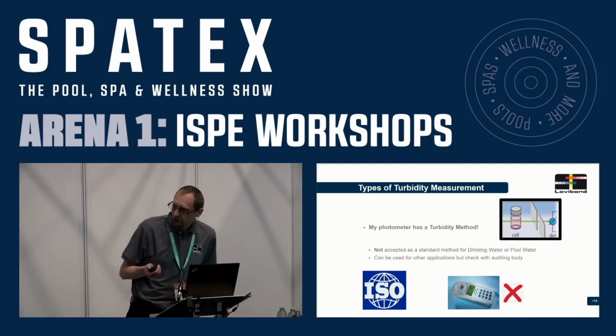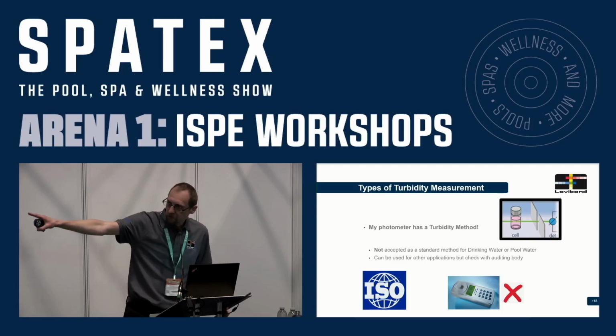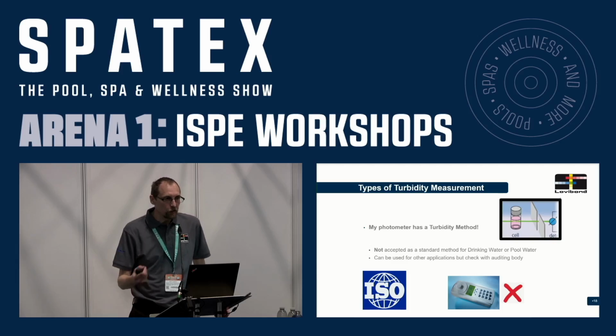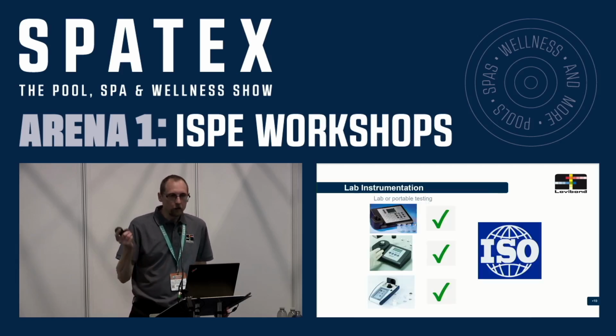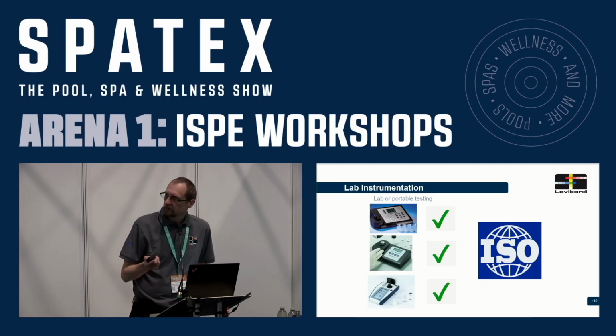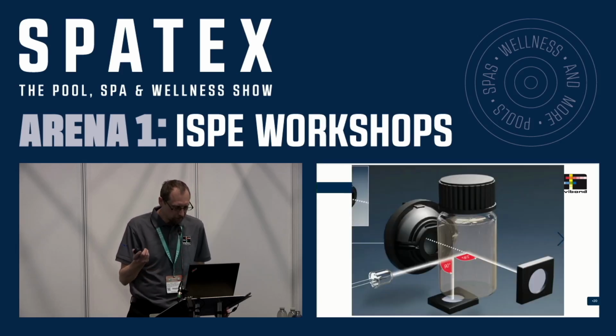So, yeah, sorry if you've got one of your standard photometers for chlorine or pH or whatever. In this instance for turbidity, you need something different. So that's why you would need a specific turbidity meter that has the optics in it that you need. And then these meet the ISO standard.